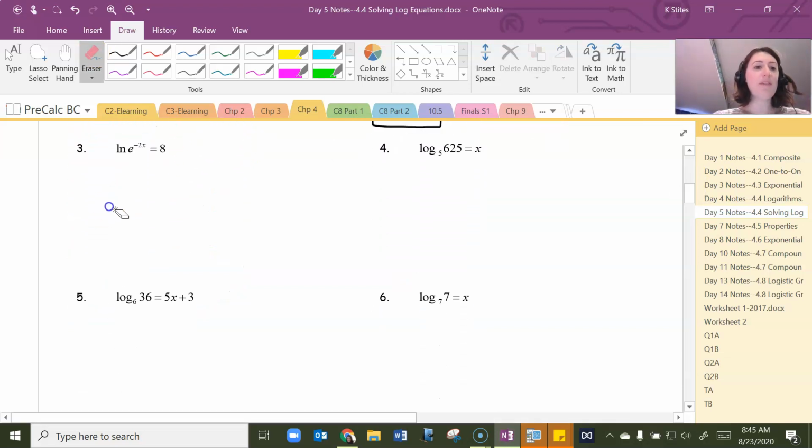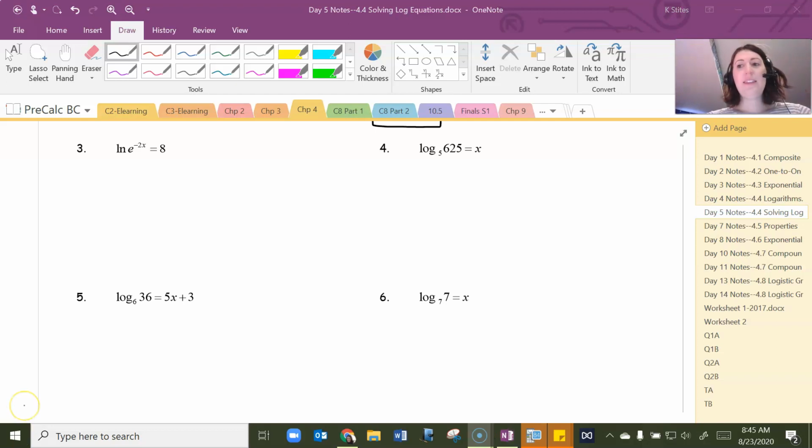So in number 3, we have natural log of e to the negative 2x equals 8. And so what we need to know is that natural log of e does cancel. There is a reason for that. This is actually getting more into the properties of logs, which will come up after our next quiz.